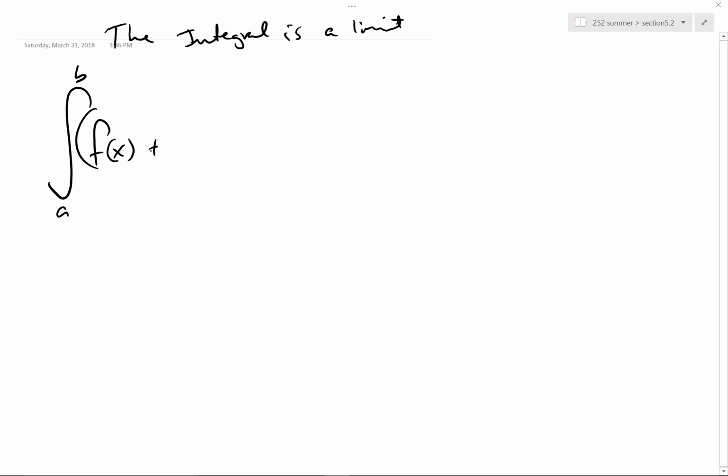Now, some of the interesting things about this. Remember, the integral is a limit. It's also a summation. So if you have the integral from a to b of f of x plus g of x, you can break it into two pieces.